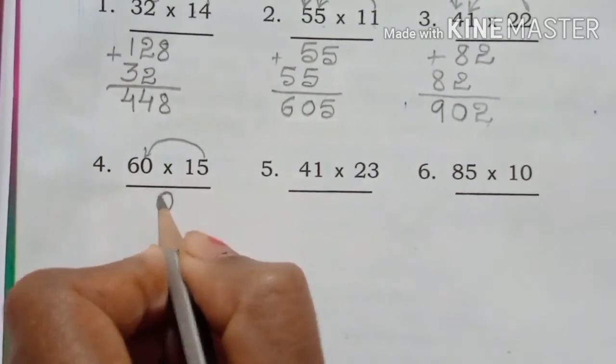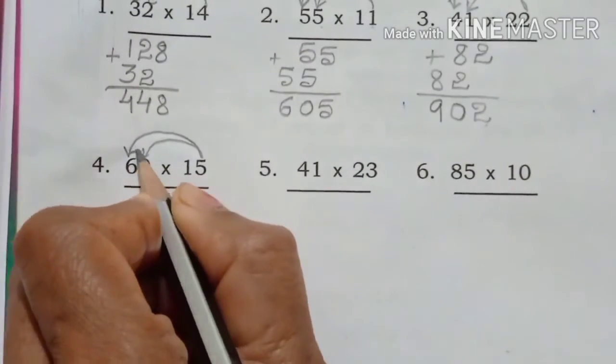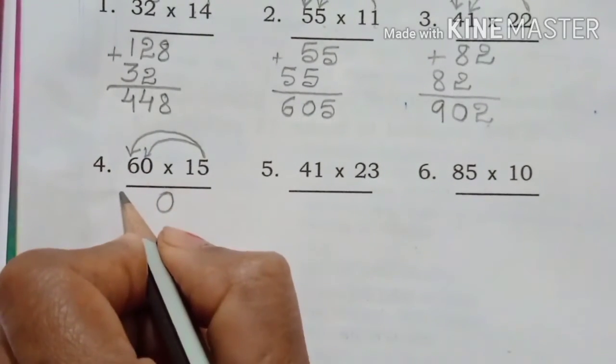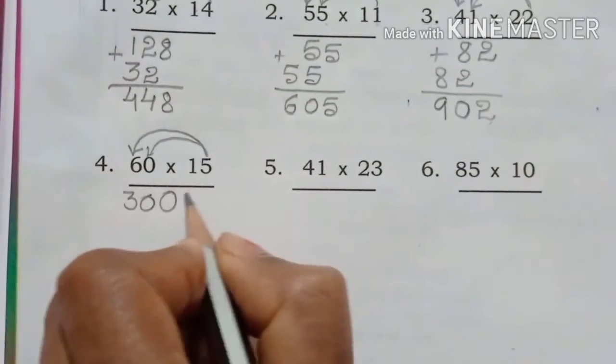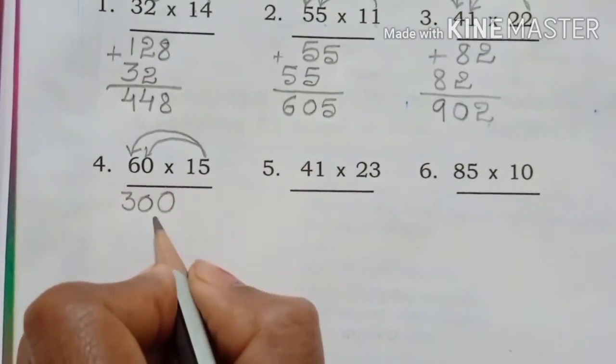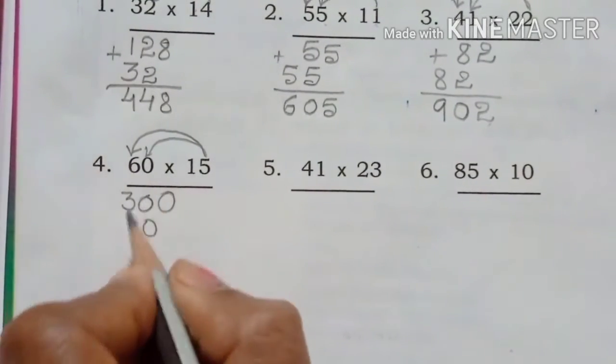So write 0. Now we multiply tens. 5 6s are 30. Right? 30. Now we multiply tens. 1 multiplied by 0 is 0. Now 1 6 is 6.